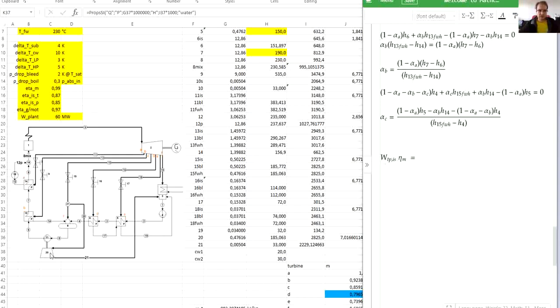So this mechanical work that the turbine produces is the same as the mechanical work input into our turbopump, into our pump in the turbopump assembly. So work of the feedwater pump, isentropic, and now divided by mechanical efficiency, so that we get the mechanical power input into our pump.